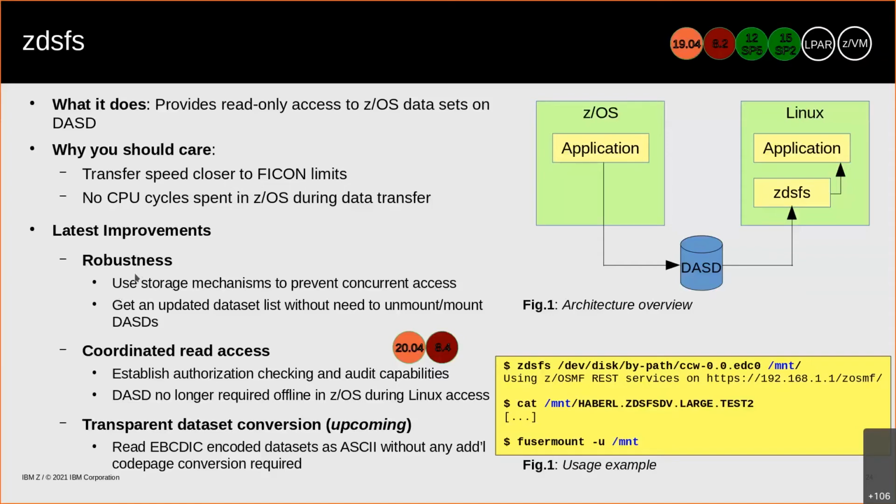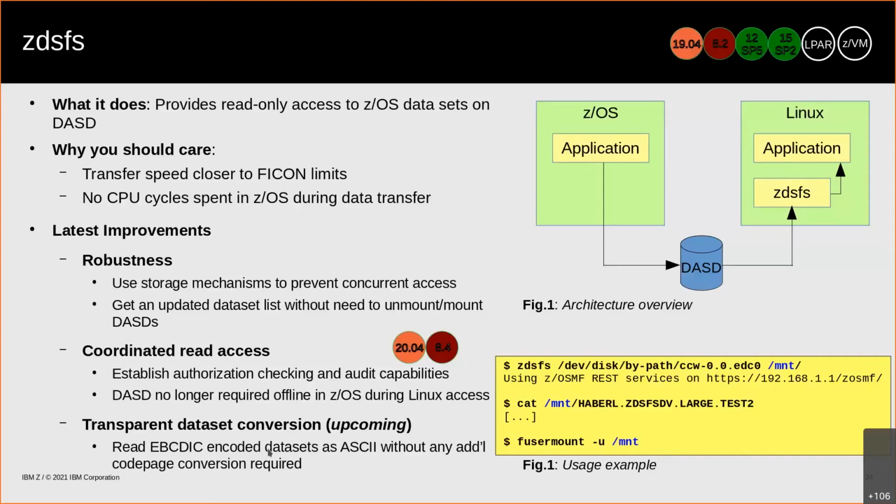So that's been around for a while, and we're constantly updating it. The latest improvements were, for one, we have been increasing the robustness a bit, so concurrent accesses are handled a lot better now. Starting with these Linux releases listed here, we have what we call coordinated read access.